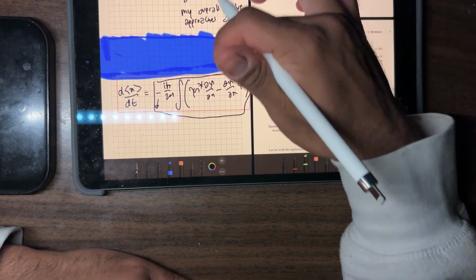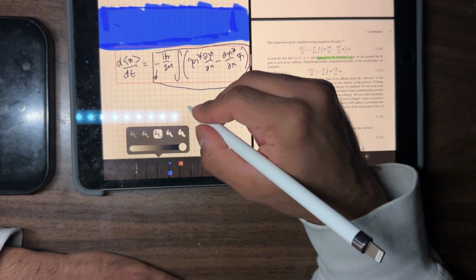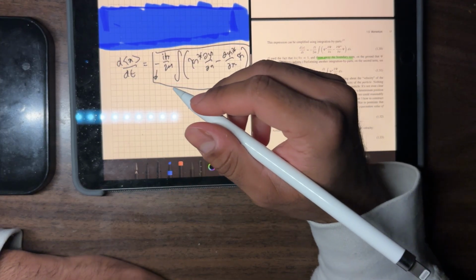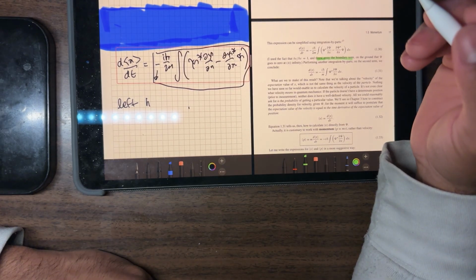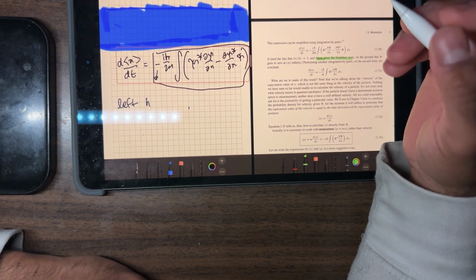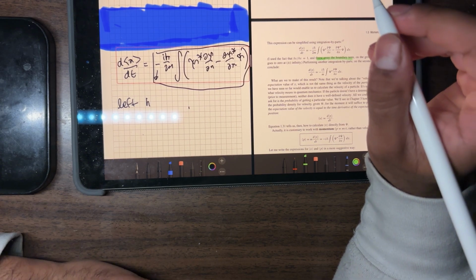So I would have the same thing on the right hand side. Actually this is not the left hand side.